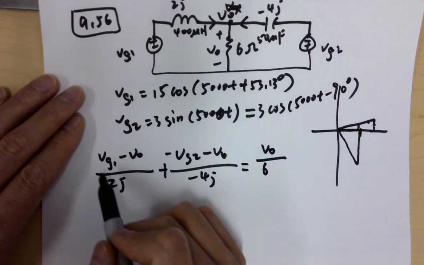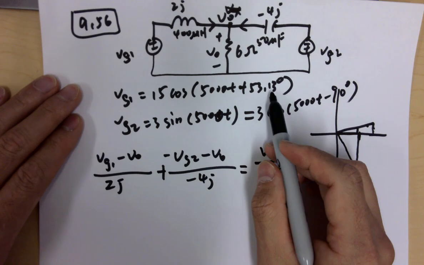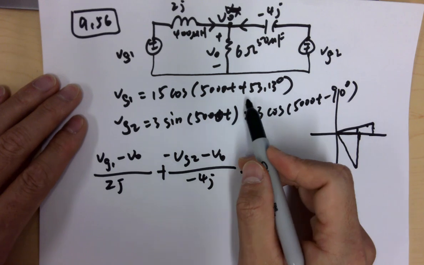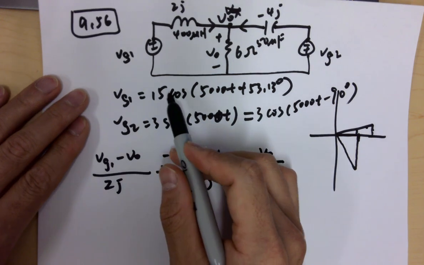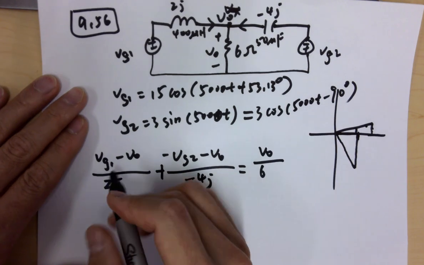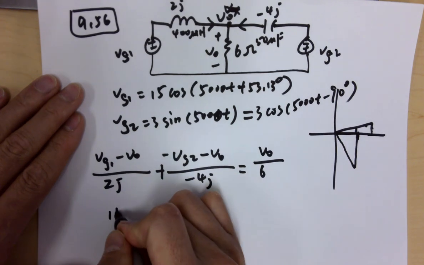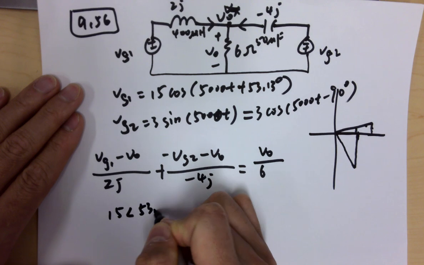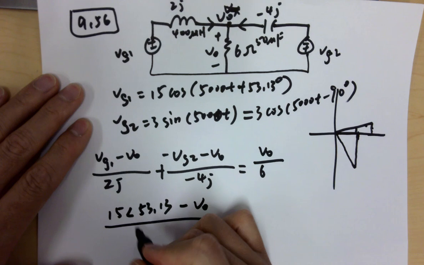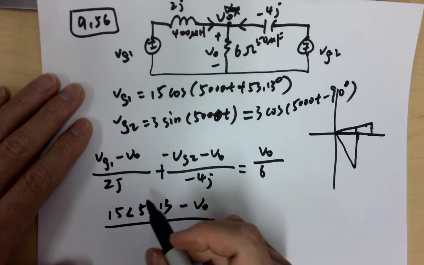So let's see what kind of form we want to use. Converting from cosine directly to polar form is just a simple change of format. You don't have to calculate anything, right? So VG1 is 15 angle 53.13 minus Vout divided by 2j.